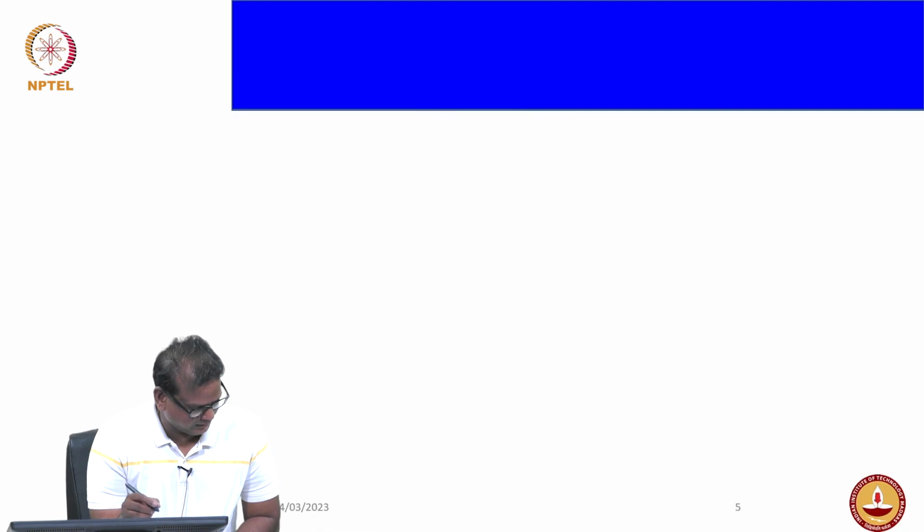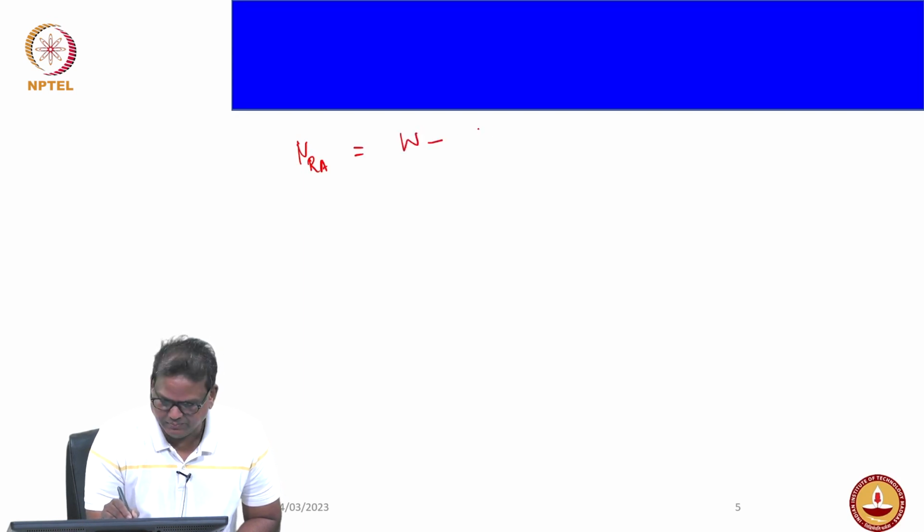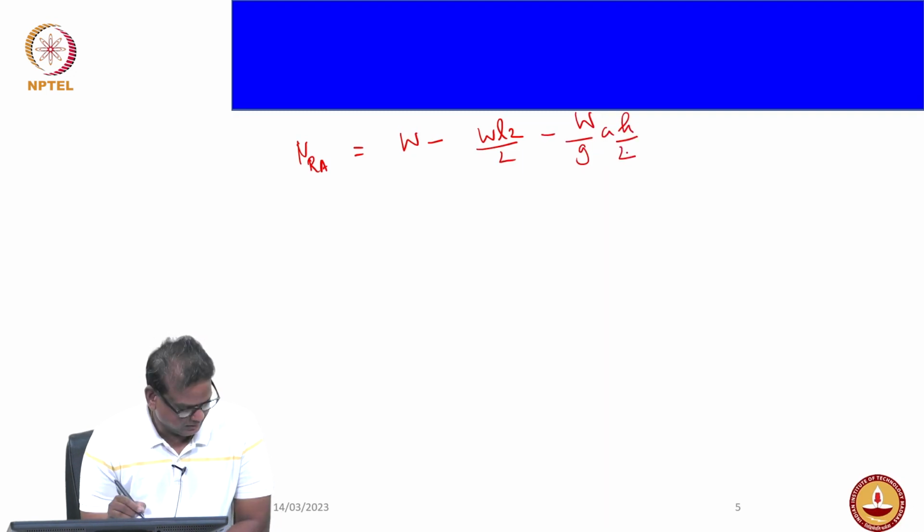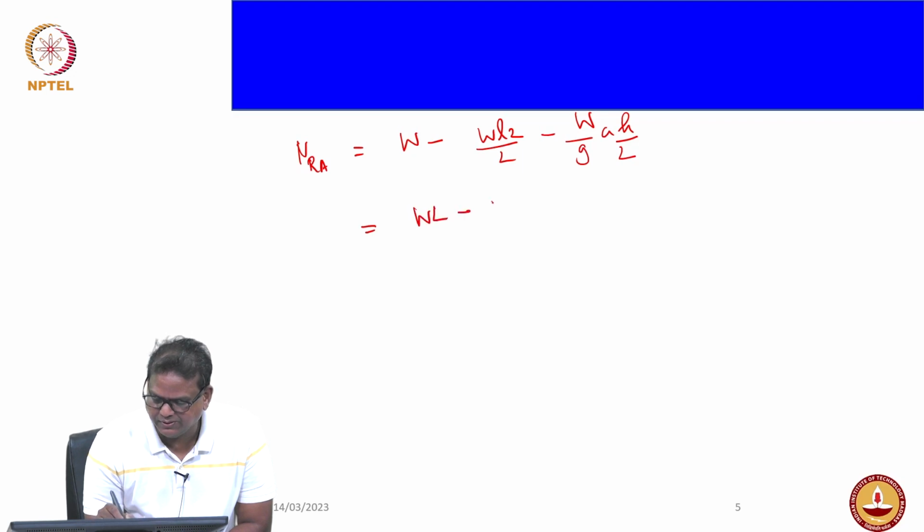So if you rewrite again, NRA equal to W minus WL2 by L minus W by G, A H by L. Now, obviously you know the answer.